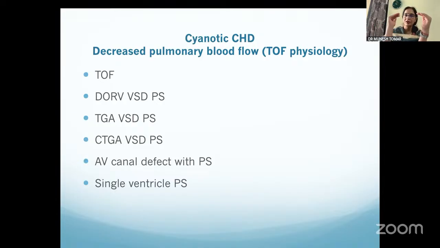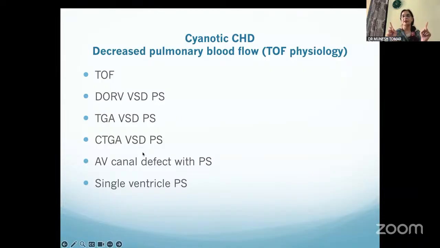Under that, a lot of things are there, the so-called TOF physiology, where you have a large ventricular septal defect and decreased pulmonary blood flow because of pulmonary stenosis. So TOF tops the list, then DORV VSD-PS, TGA VSD-PA, corrected TGA VSD-PS, AV canal VSD-PS, single ventricle PS. These are all the echo diagnoses.